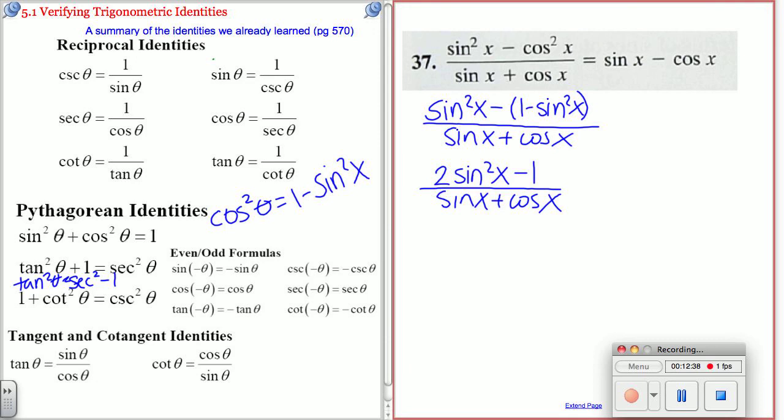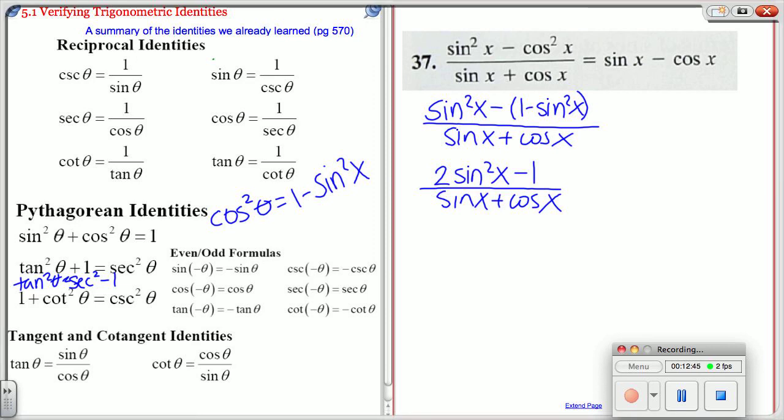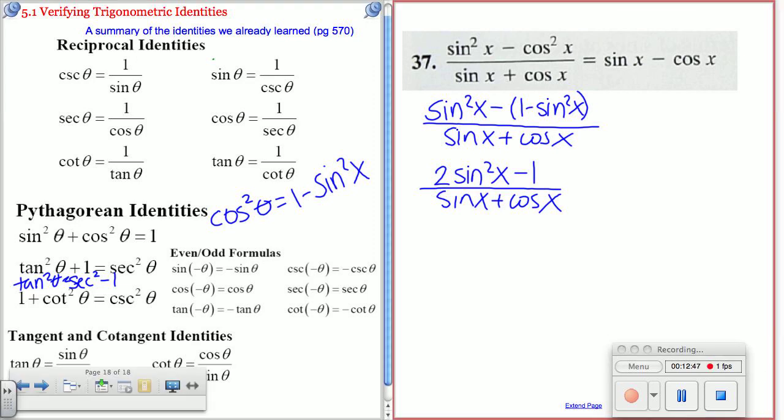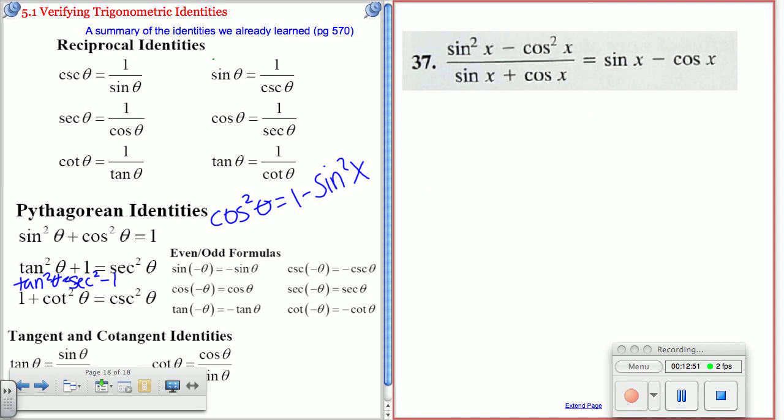I'm going to stop right here. It doesn't look like we're getting any closer to what our goal is, so I'm going to start over and try something else. If I go back and start over, I see I have something that looks like x squared minus y squared, the difference of two perfect squares.